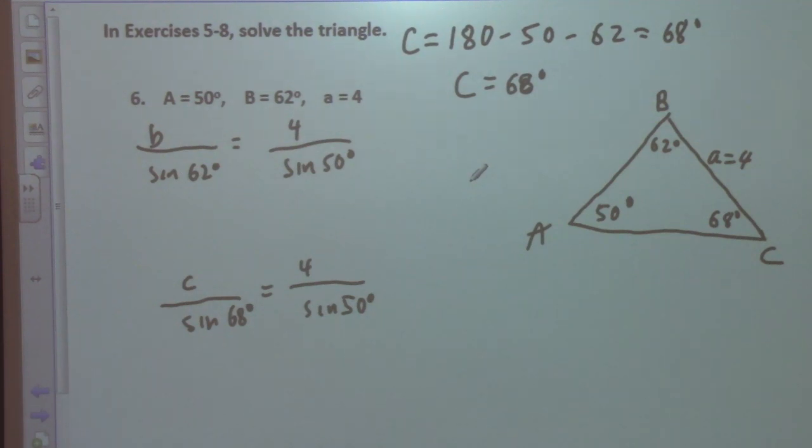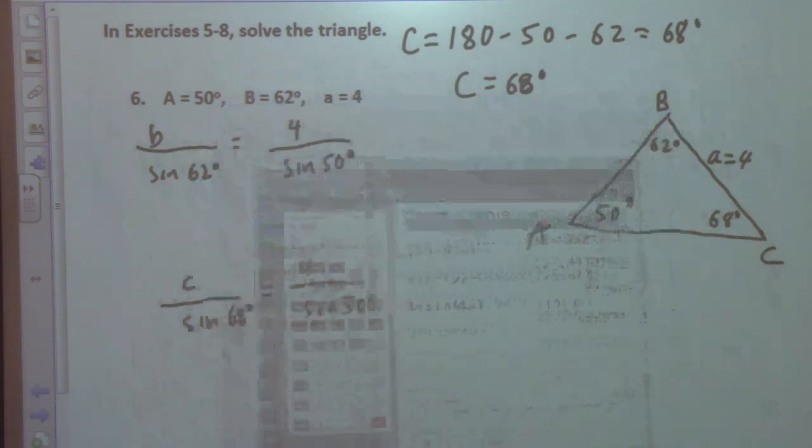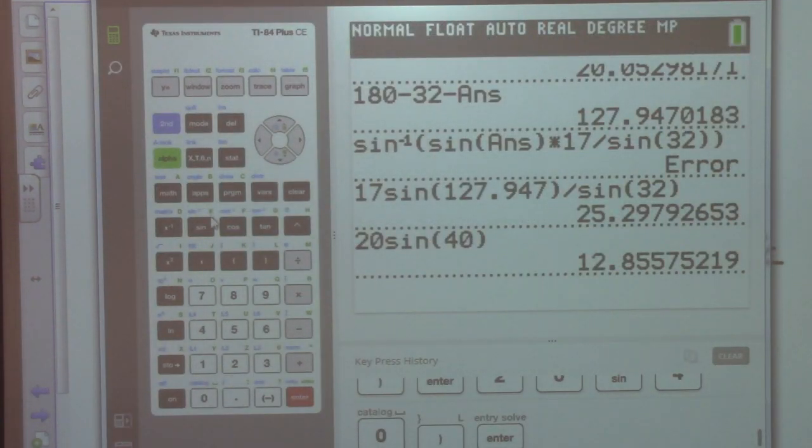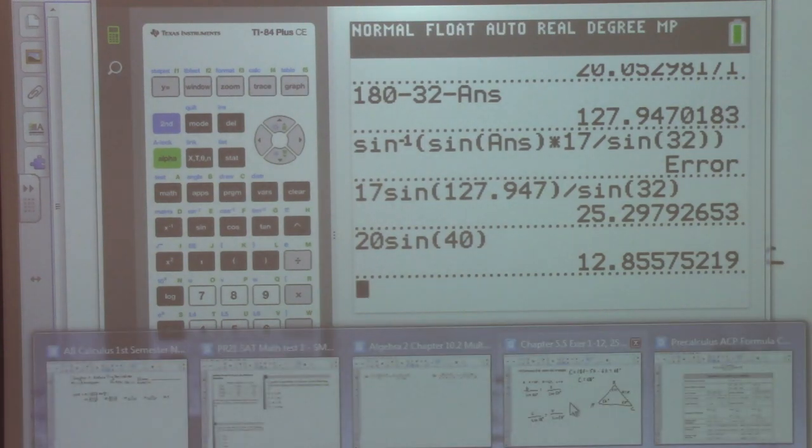Does that make sense? Yeah, I think I'm getting it. Yeah, you're catching up a little bit. So B is sine 62 times 4 over sine 50. Man, I just forget stuff.